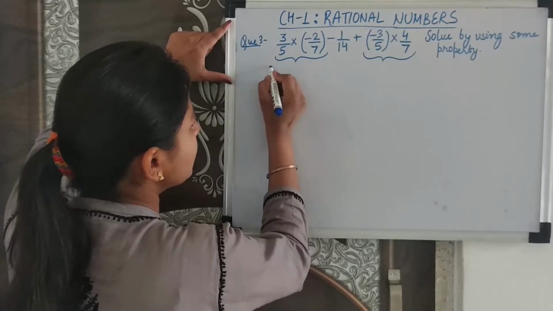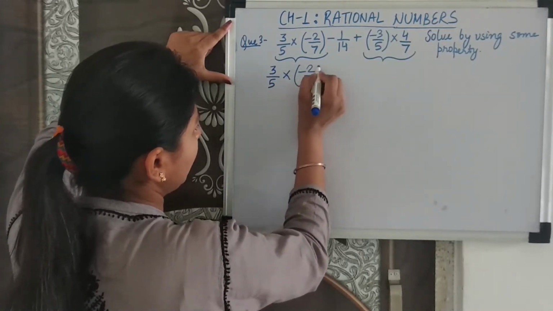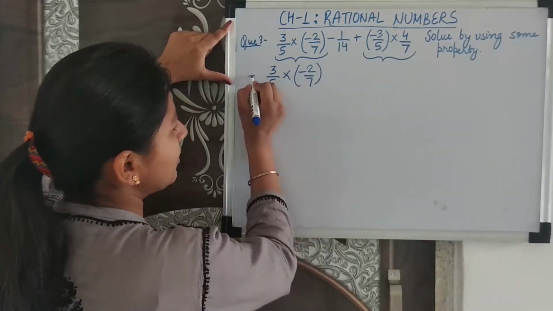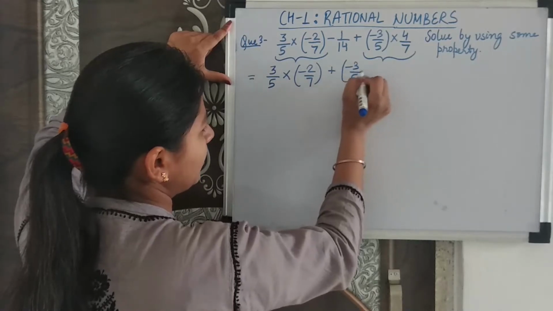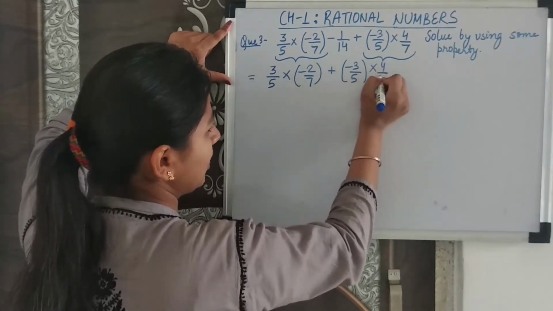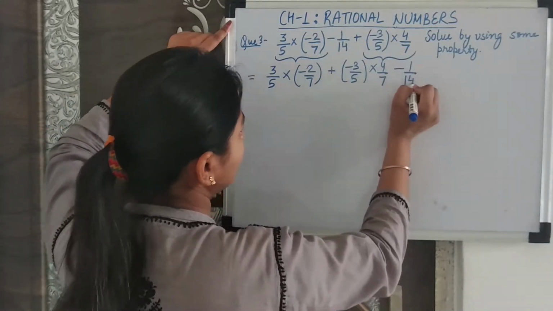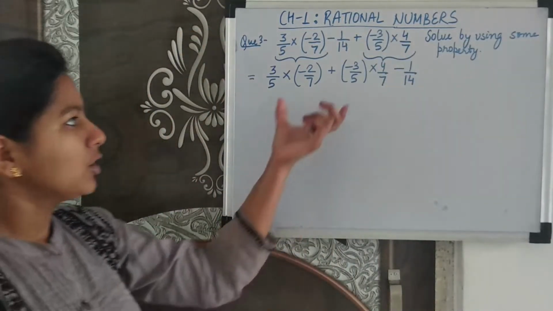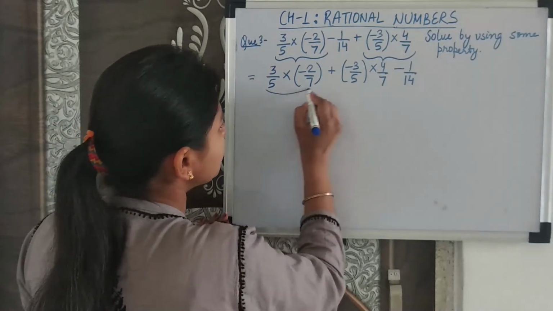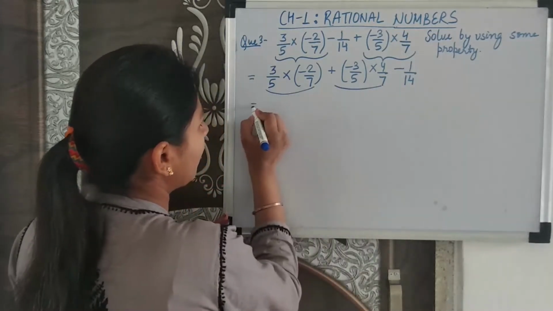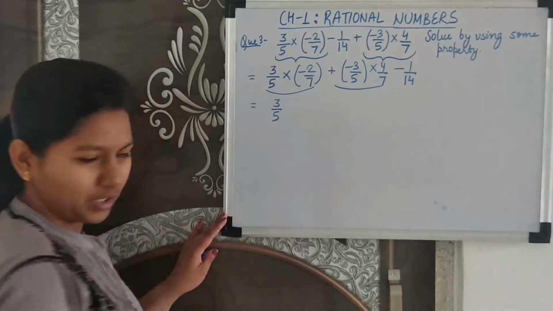What I will do first is write this pair together: 3 by 5 into minus 2 by 7, then plus minus 3 by 5 into 4 by 7, and this minus 1 by 14 I have written at the end. This will be my first step, to write both the pairs together. Now in this pair and in this pair, I will take out 3 by 5 as common.